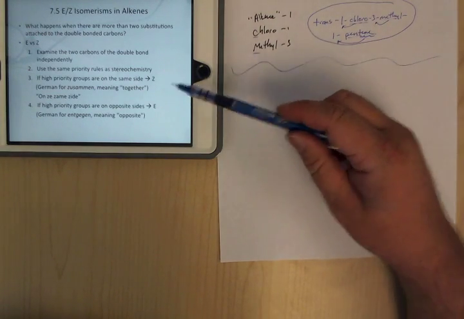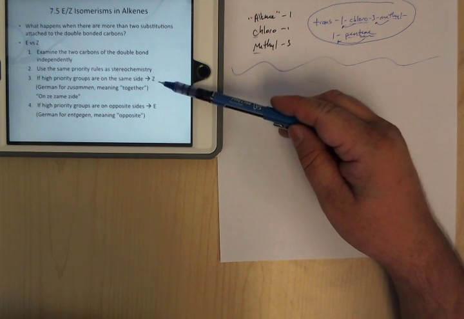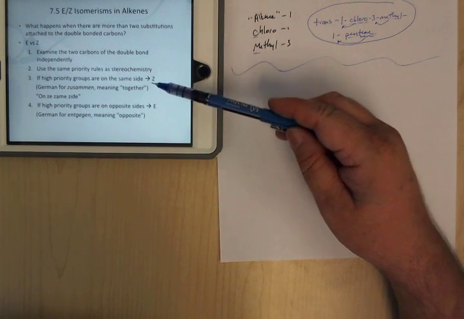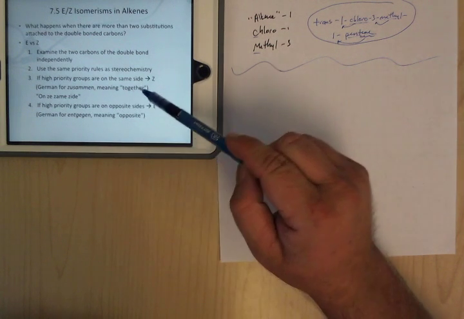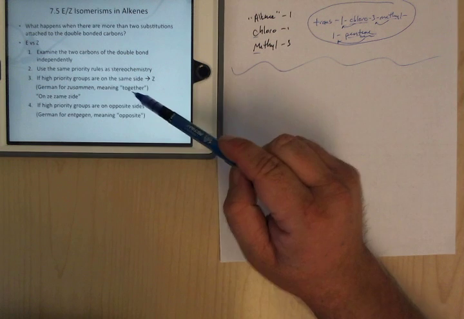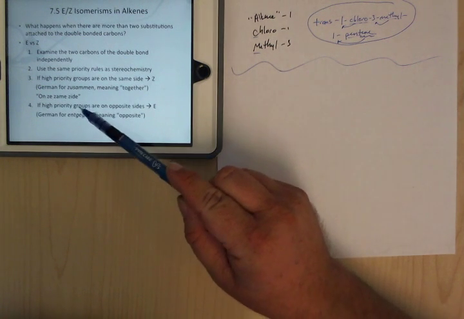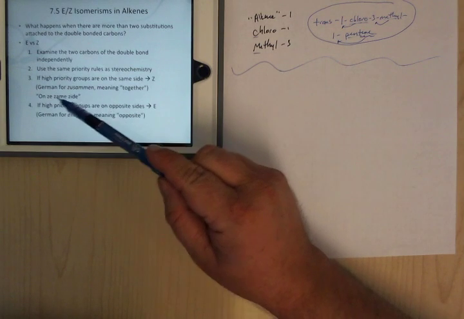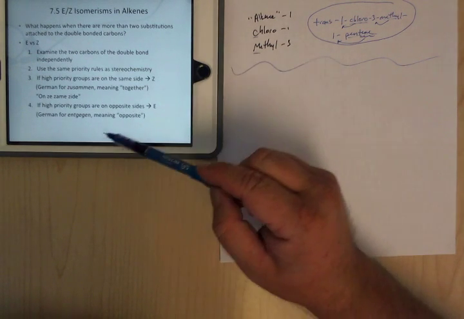Now, if the high priority groups are on the same side, we call that Z. It's German for, I'm not going to butcher the German, but it's German for together. The other way to think about it is it's on the same side, in your really bad German accent. If the higher priority groups are on opposite sides, it's E, which actually means opposite.